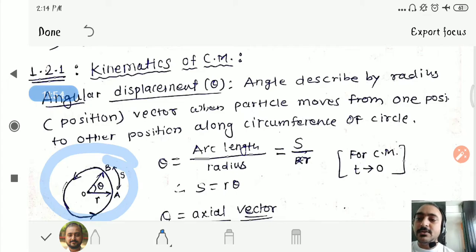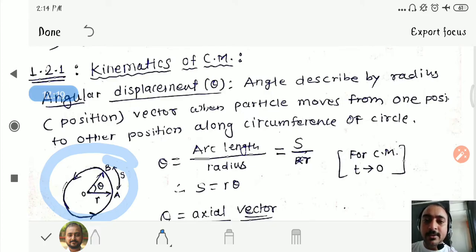In this figure you find that when a particle moves from A to B, it makes a certain angle theta with the center. Here two suffixes are there, S and R. S indicates the arc length and R indicates the radius. Why am I taking the arc length as small?